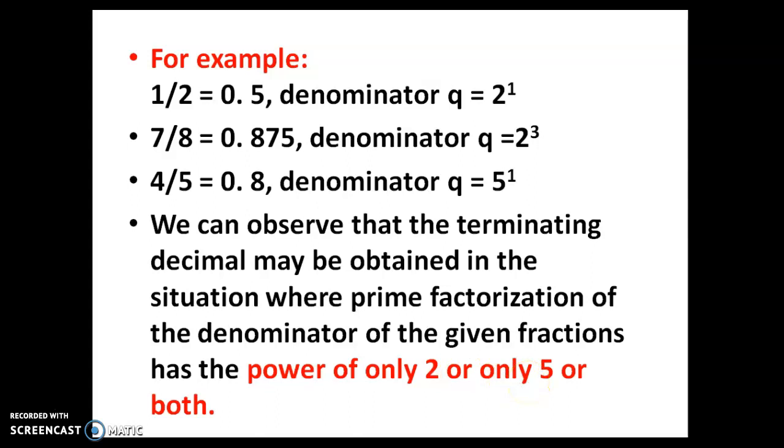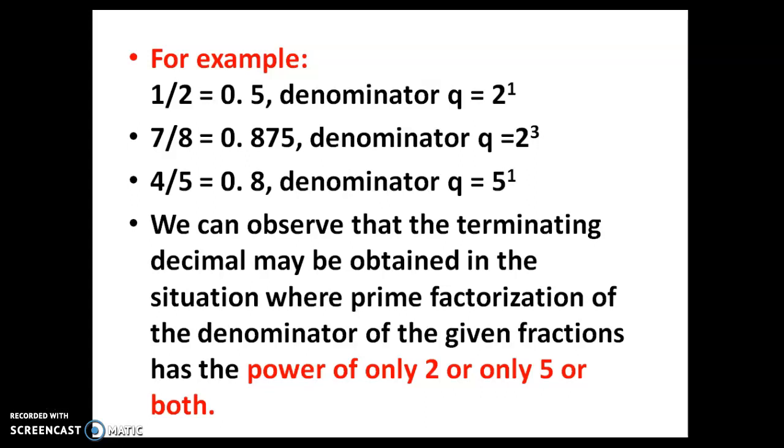So every time, the denominator q for a rational number will be 2 to the power of any number, or 5 to the power of any number, or both. That is 10, 2 into 5, so 10 to the power of anything. If it is of this form, then it is surely terminating. This is the observation we have found.